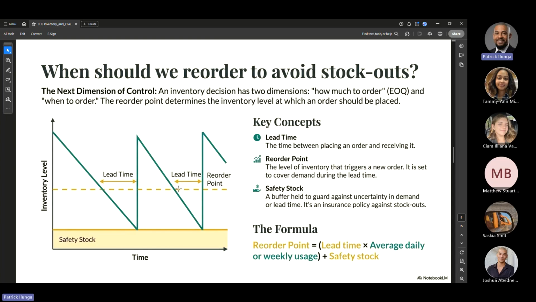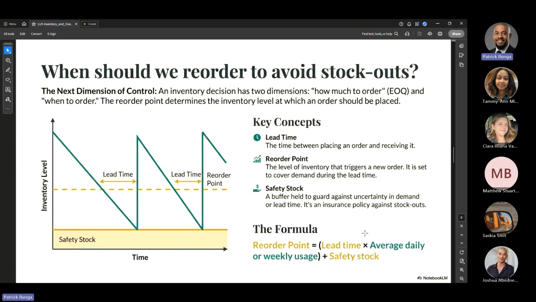Because you know I need to wait for 4 weeks for that order to arrive. When do I trigger that? That is the purpose of the reorder point. The reorder point, obviously, will have an element of the lead time.